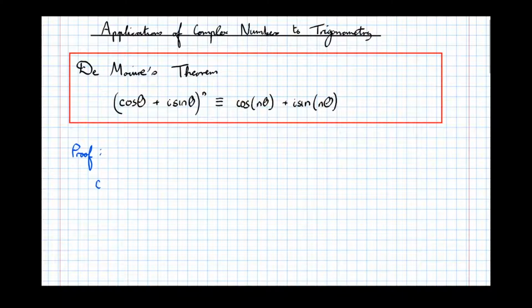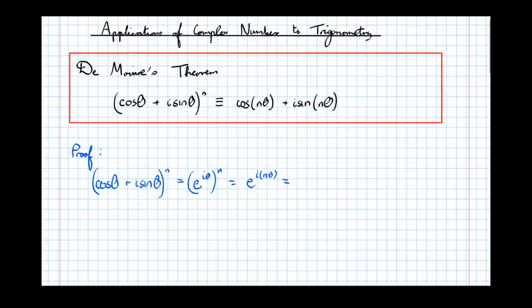So (cos theta plus i sine theta) to the power of n, well, that's equal to (e to the i theta) to the power of n, which is equal to e to the i n theta, just using simple index laws, which do hold for complex powers.